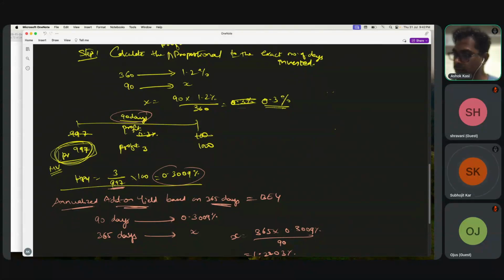Second step, calculate the holding period yield. Is it okay? Fine now.